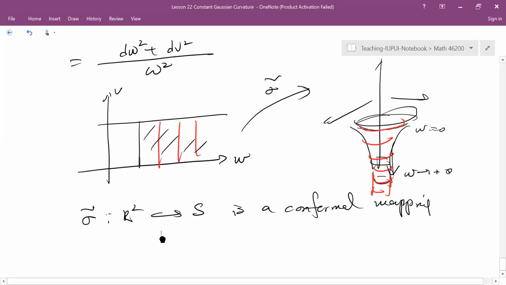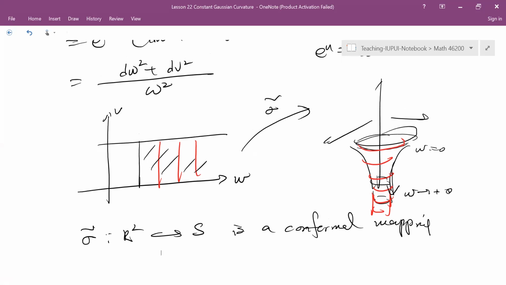Now further, if you modify, you can also change the variables. u and v, w and v right now, you can change the variables. Then this first fundamental form will also be changed. I think this is the most interesting case.